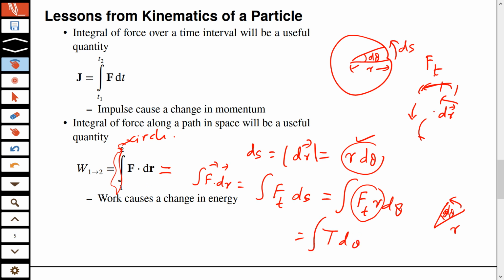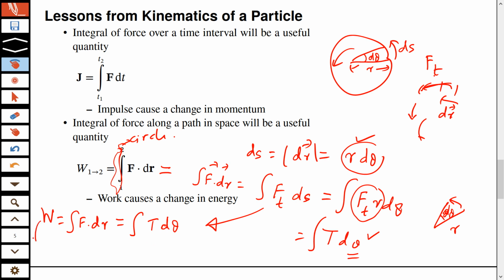So the work done along a circular path can also be seen as an integral of torque, the rotating mechanism, integrated over the angle in radians. Okay, torque over the angle. So one thing is clear, that W can be written not only as the integral of force over a path, but also the integral of torque over the angle.